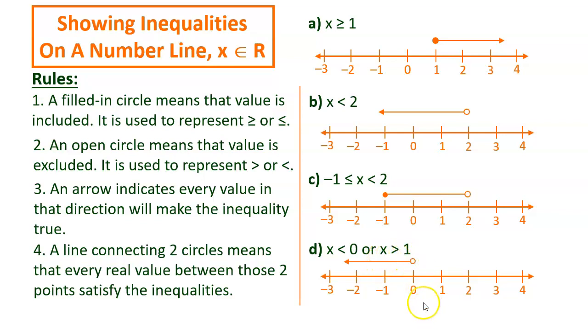And for x is greater than 1, again an open circle on top of 1, and this time the arrow will be pointing towards the right. So no value lying between 0 and 1 can be present in the solution set of x. x can have any value less than 0 or any value greater than 1, but no value from 0 to 1, 0 and 1 included.